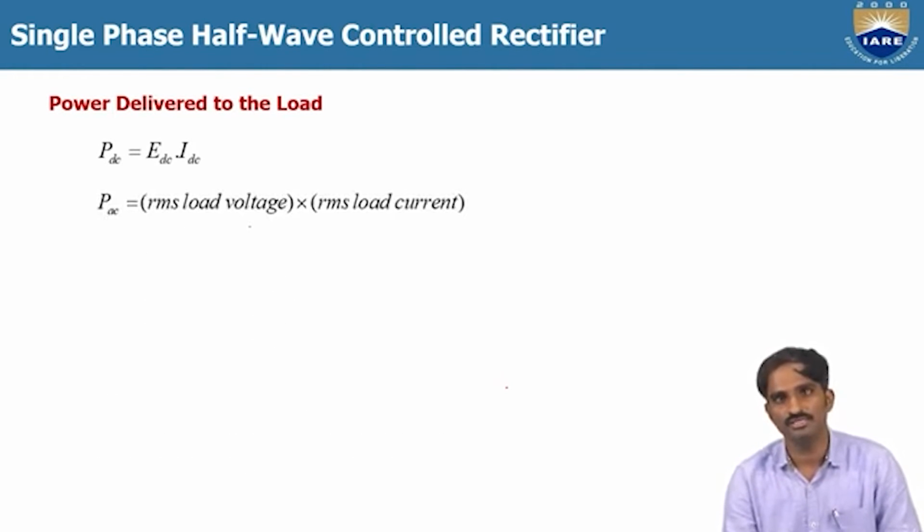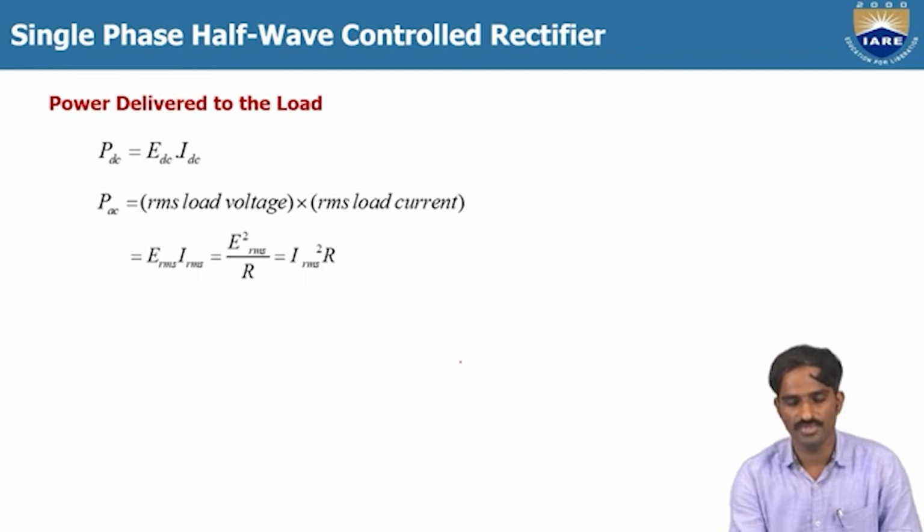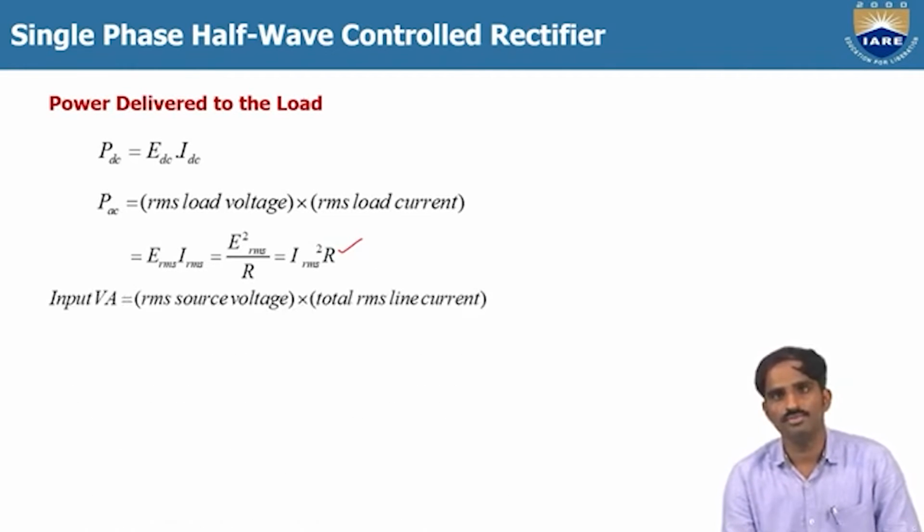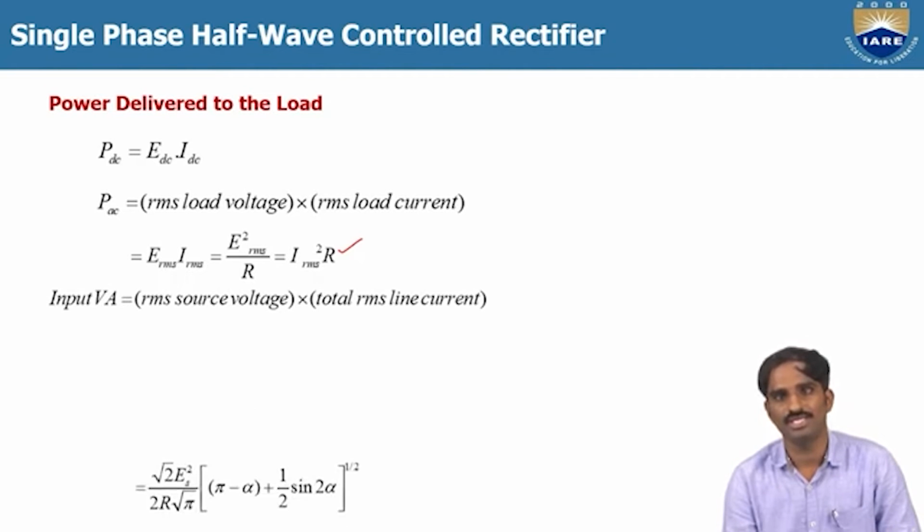Similarly PAC is the RMS load voltage into the RMS load current. We have just derived the RMS load voltage and current, so you can substitute ERMS and IRMS. Then you will get the PAC, that is IRMS square into R. Similarly, the input VA is the RMS source voltage into the total RMS line current.